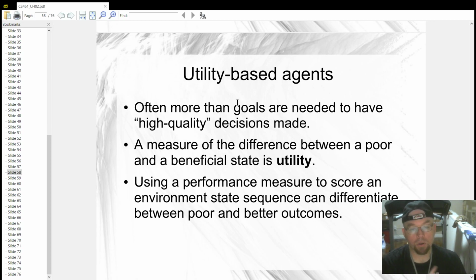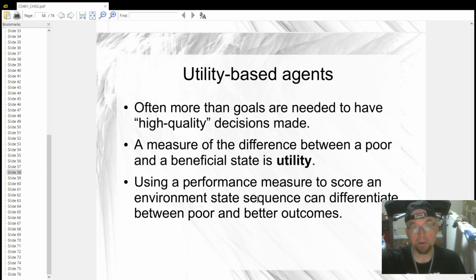All right. So by having some kind of a performance measure, by grading that utility, we can then come up with better state sequences. Right? In this case, again, I'm using states. The sequence of going from California to Nevada to Utah, then to Colorado, and so on, would be better than a sequence of states that was California, Oregon, Washington, Montana.